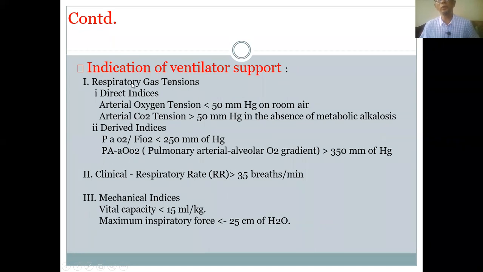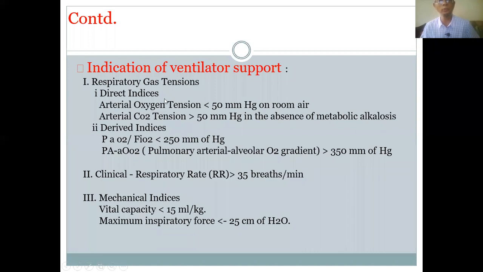When do you have to refer the patient for ICU support or ventilator support? There are some respiratory indices. If arterial oxygen tension is less than 50 millimeter mercury on room air, or arterial carbon dioxide tension increases above 50 millimeter mercury in the absence of metabolic acidosis. Also if PaO2 divided by FiO2 is less than 250 millimeter of mercury, or the alveolar-arterial oxygen gradient is more than 350 millimeter of mercury.